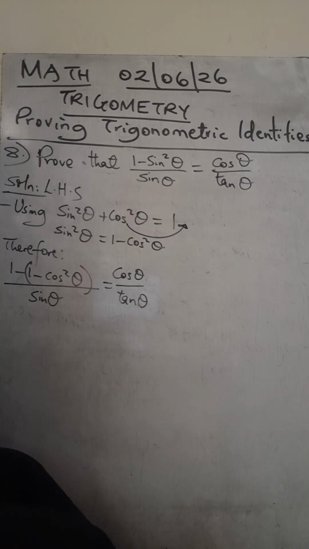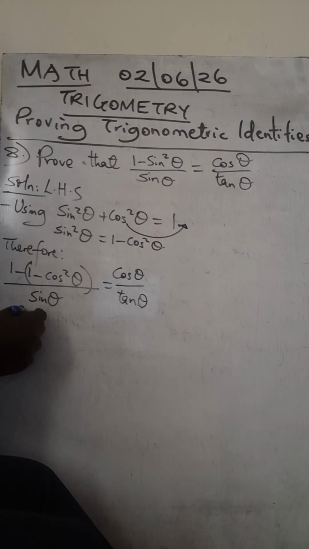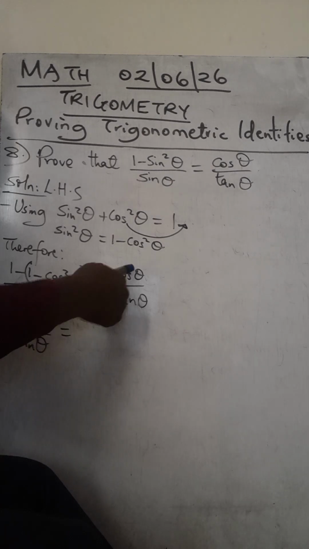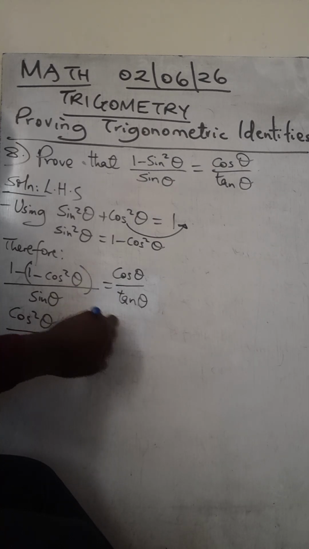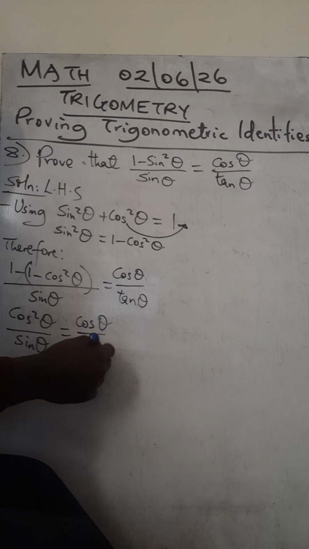What else can we do? 1 minus 1 is just 0. Negative times negative is positive. So we have positive cosine squared of theta over sine of theta equals cosine of theta over tangent of theta.